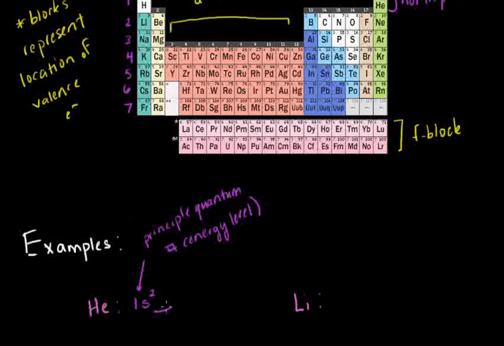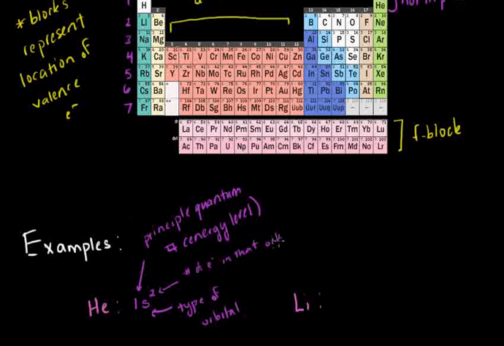This S here represents the type of orbital we have, the shape of the electron density distribution, and you can review those by watching the orbital video. And this superscript of 2 up here represents the number of electrons in that orbital.